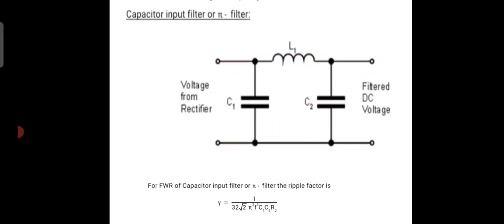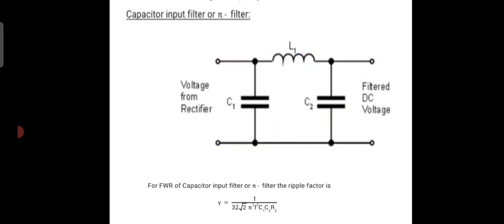Here also at points 1 and 2 there will be a voltage from the rectifier. As we know, it consists of two capacitors C1 and C2 along with the inductance L. At the first point, the capacitor C1 offers a low resistance to the AC component while offering a high resistance to the DC component.